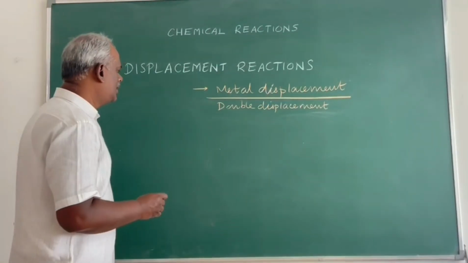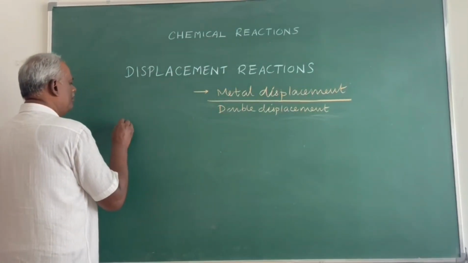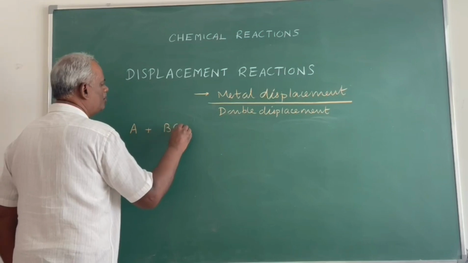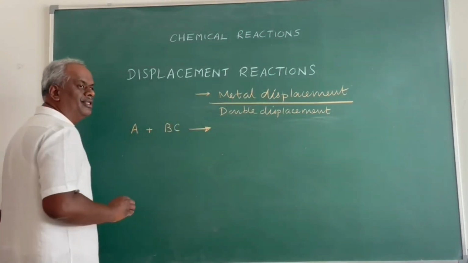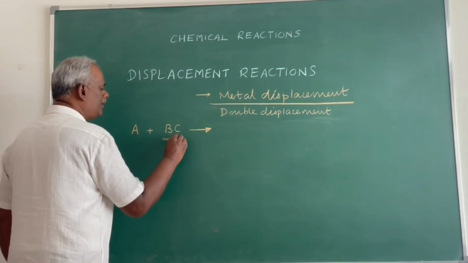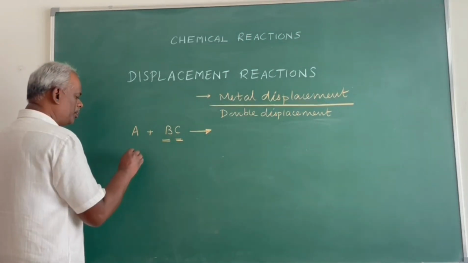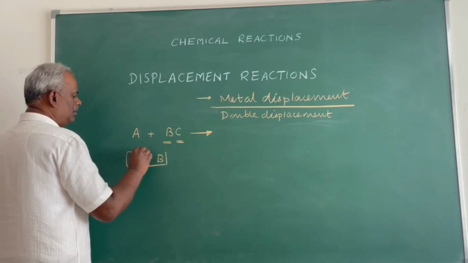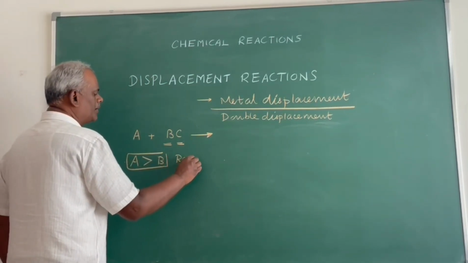If it is the metal displacement reaction, consider a metal A which is going to react with BC, another substance having a metal part and a non-metal part. Suppose A is more reactive than B, the reactivity differs like this.